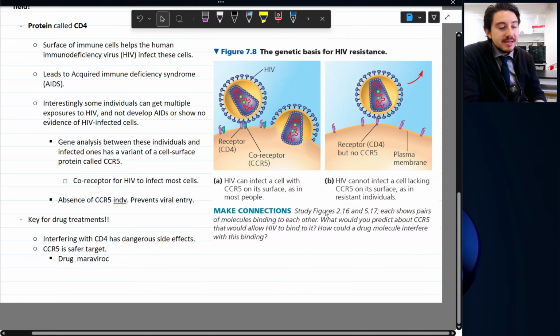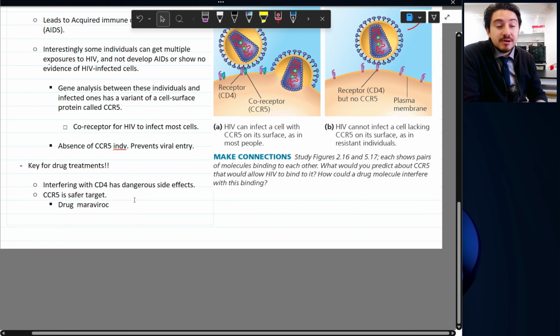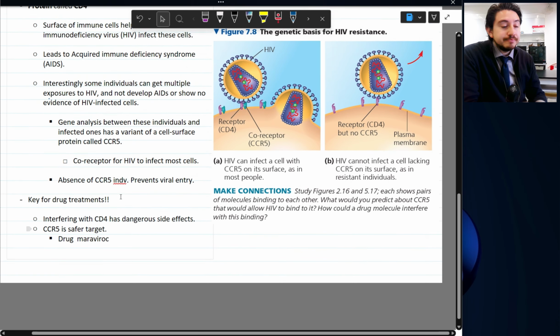Ultimately it prevents viral entry to the cell. And this is important because if you can find a way with drug treatments, this could serve as a way maybe to block CCR5. So for those individuals that have the variant, maybe HIV can't use it, right?